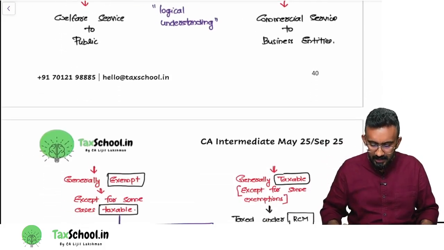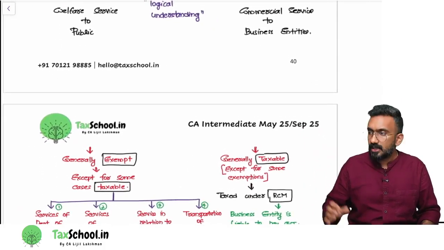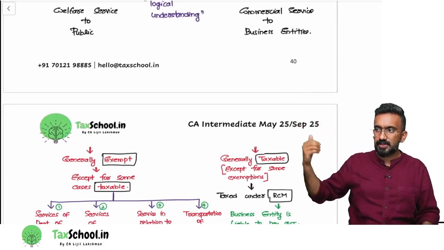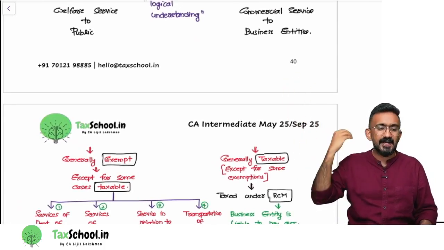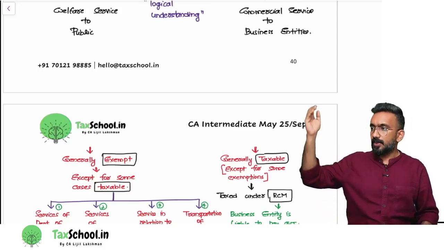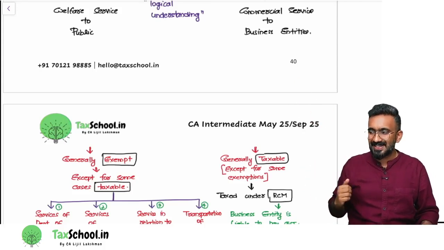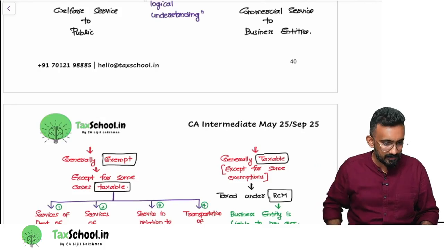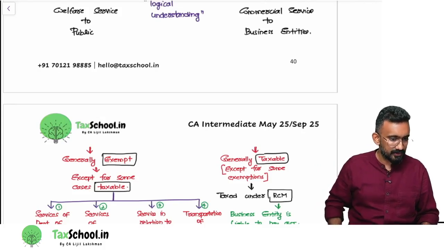They said, look at it here. Welfare services provided to the public are generally exempt, except for some cases where they will be taxable. However, commercial services to business entities are generally taxable, except for some exemptions. This is what they have put in.